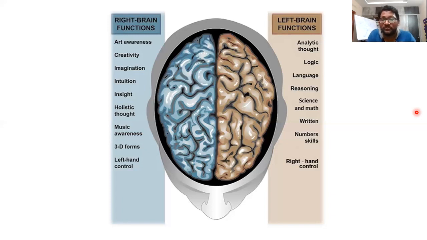We can use brainwave patterns. Even electrical stimulation can be given by sending a weak electric current to a specific part of the brain to activate it. So we can visualize which parts of the brain are functioning during the testing.